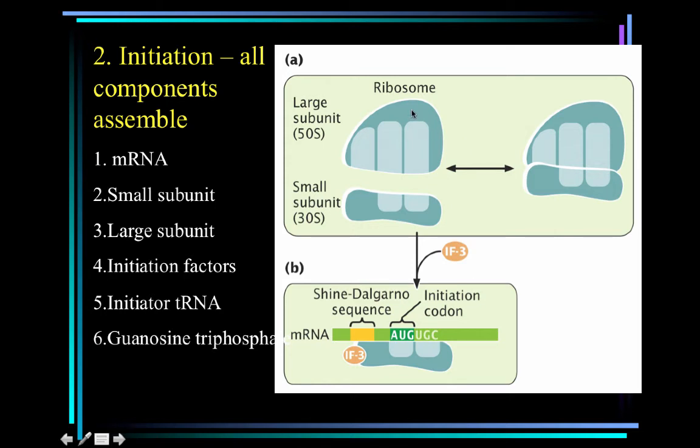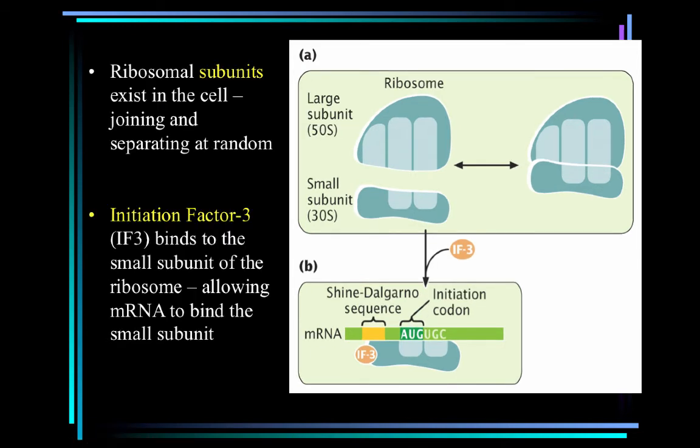So this ribosome is going to go through and is going to be hunting for this messenger RNA strand. Then the smaller subunit, the 30S subunit, is going to attach to the bottom of the messenger RNA first, and then we're going to get the second bigger subunit to come in a little bit later. But in order for the bigger subunit to come into place, the ribosomal subunits have to exist in the cell.